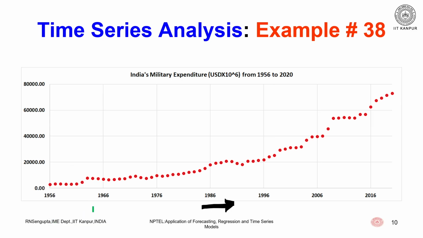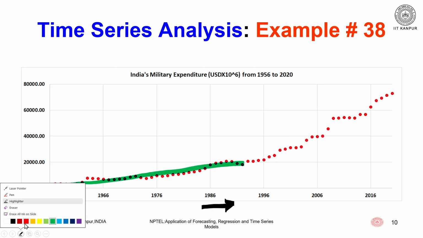First, let me use the green one. If I consider 1956 to, for example, about 1990, the middle year, just post 1990-91, you see there is a steady increase in the Indian military expenditure and it is happening at a constant rate throughout the years.